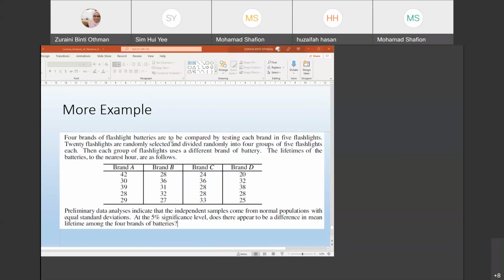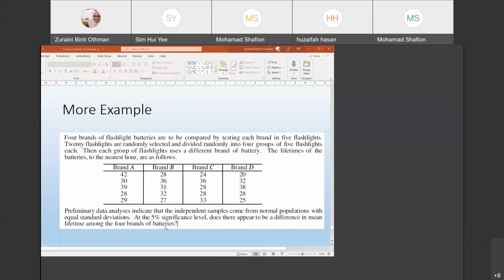Okay, this is a study where we want to know: does there appear to be a difference in the mean lifetime among the 4 brands of batteries?